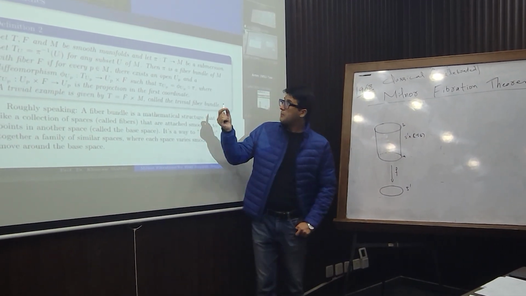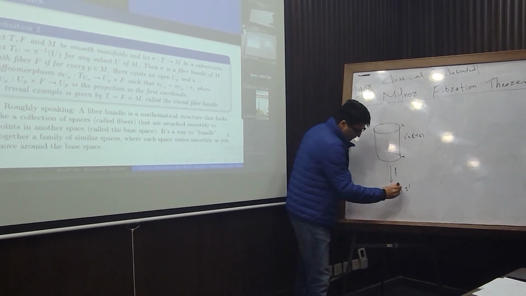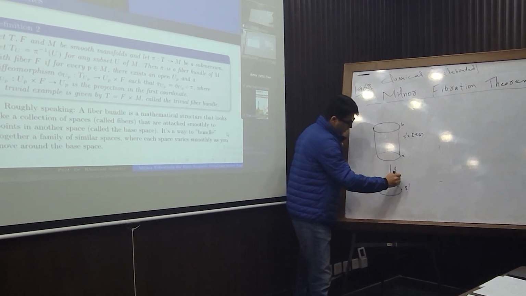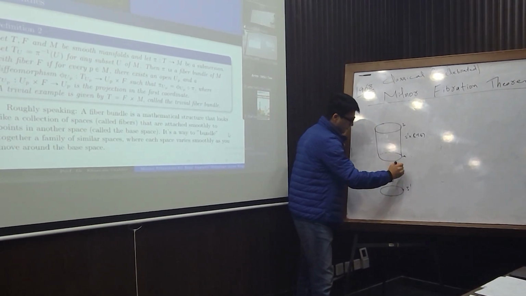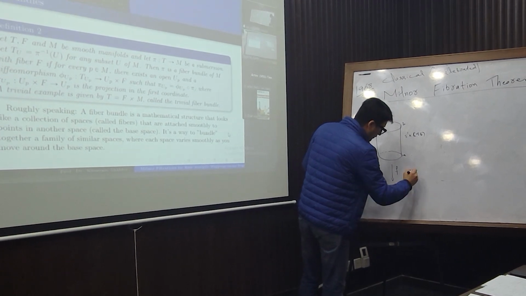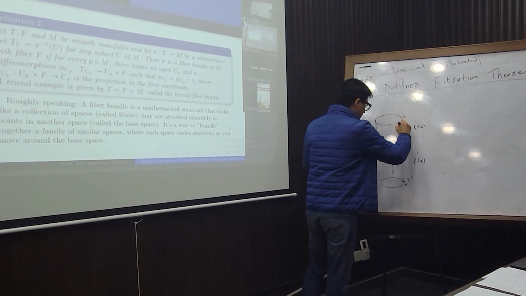So what do I mean by fiber bundle? If I am here, what is the inverse image of this point? If this point is some alpha, what is F inverse of alpha? F inverse of alpha is this line.